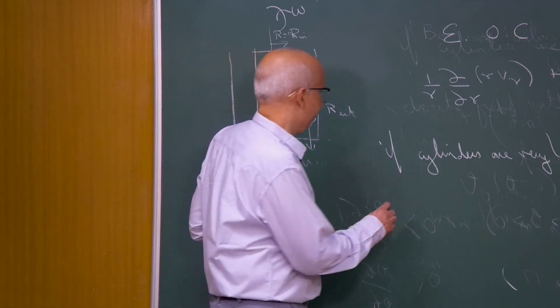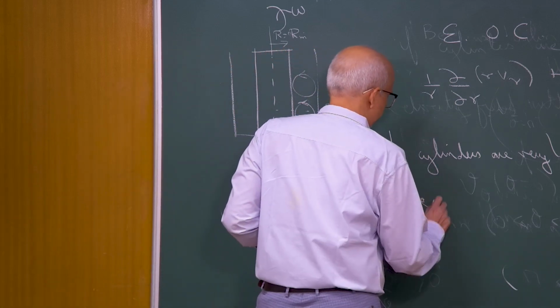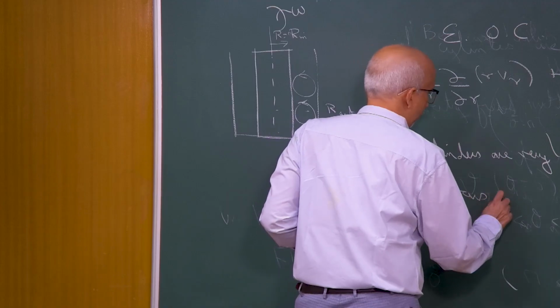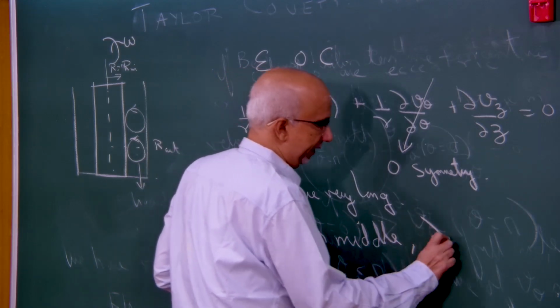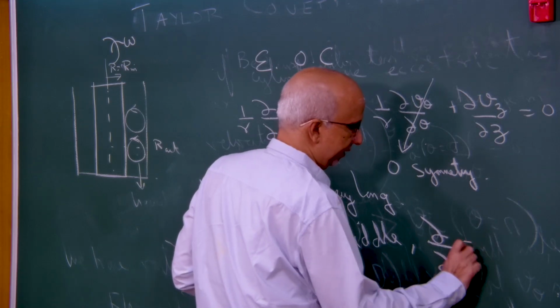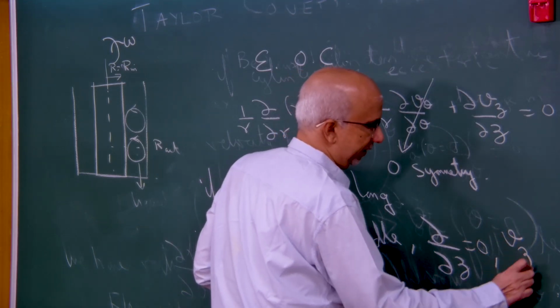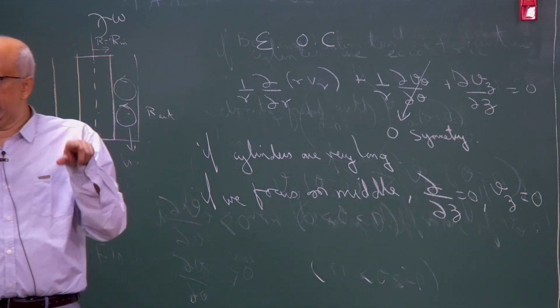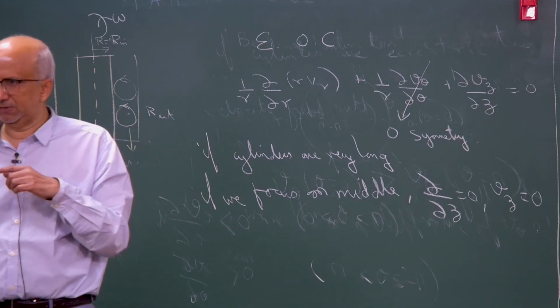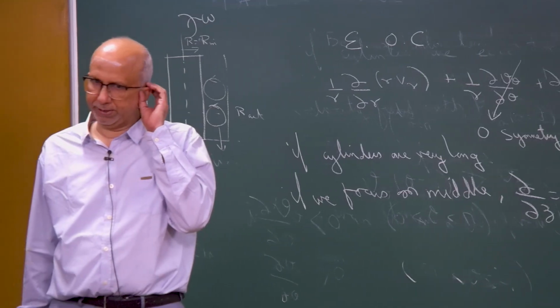So if we focus on the middle, then we can say d by dz is 0, and I guess v_z is also 0. So basically I am trying to say that my flow is one dimensional, only v theta exists.